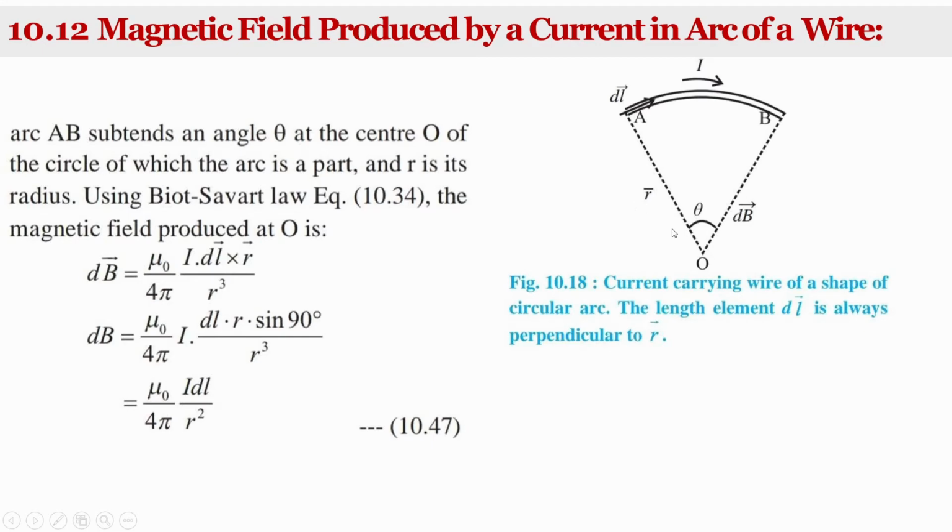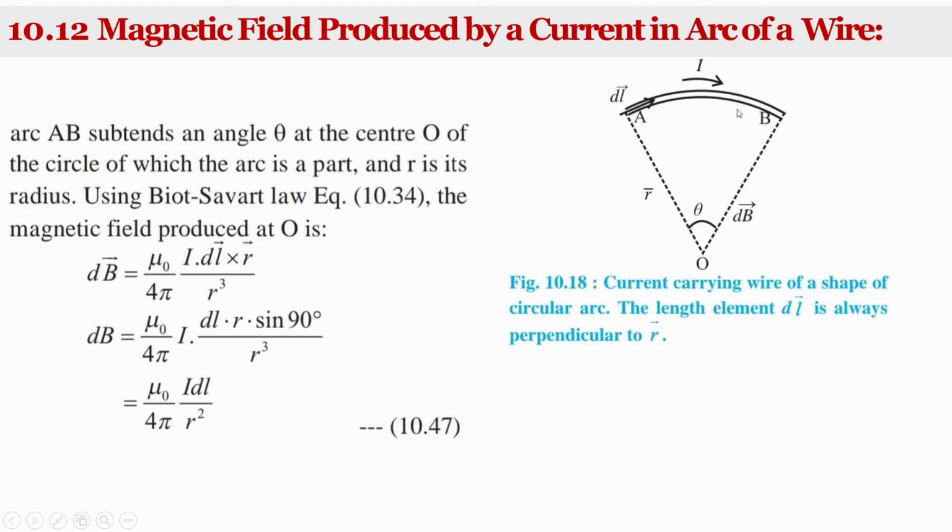R is the radius. When current flows through the arc AB, it produces a magnetic field in the surrounding space, and we take the magnetic field at point O, the center of that circle. According to Biot-Savart's law, we consider the magnetic field produced at point O by the current flowing through a small element dl.